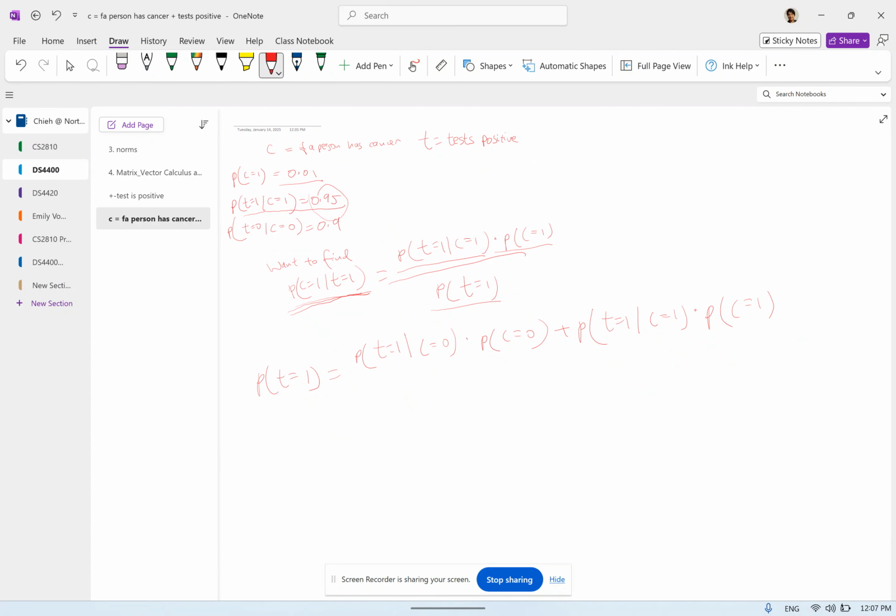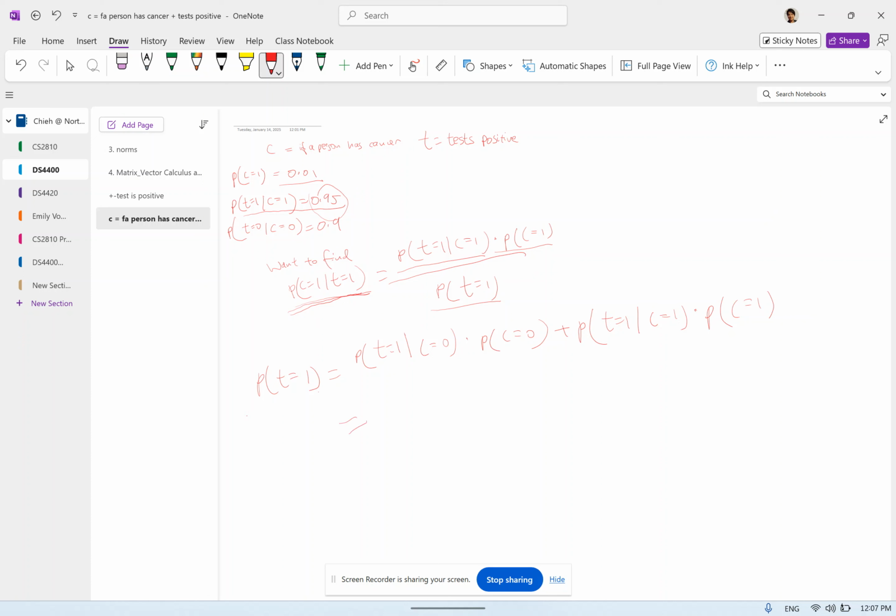Because these are the only two scenarios that would happen. The test is positive either given somebody does not have cancer, or given someone actually has cancer. So we multiply by C equals 0, and here we multiply by C equals 1, and ultimately the summation gives us the probability that the test is positive.